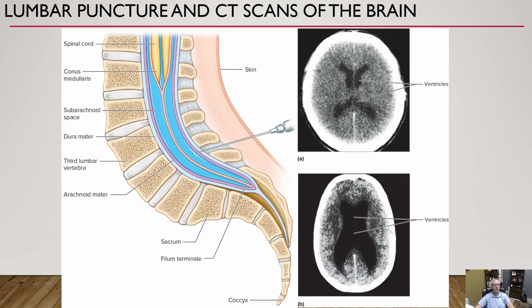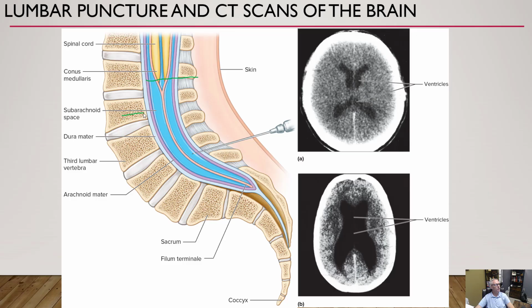So here's just a picture of a lumbar puncture. Here's your picture of your lumbar vertebrae. Here's the end of your spinal cord. Your spinal cord, we'll talk about it, ends around L1.